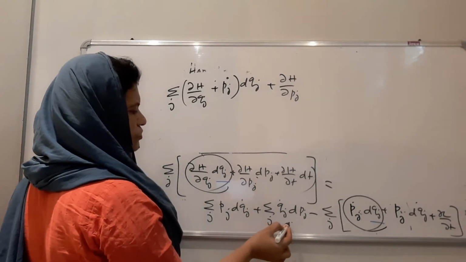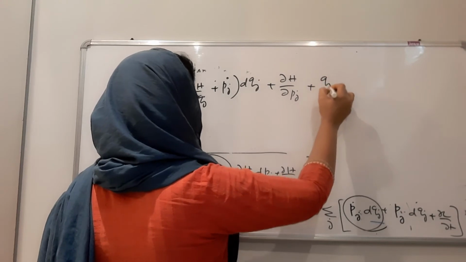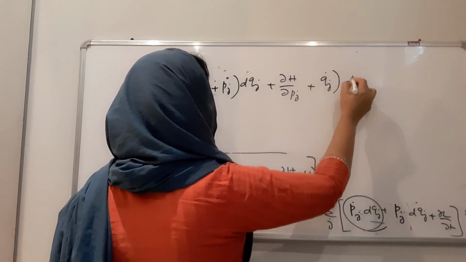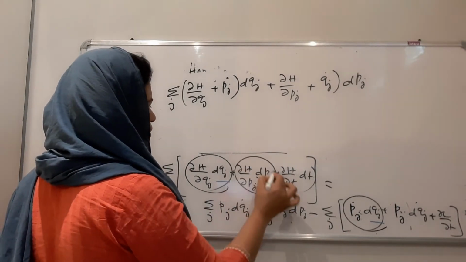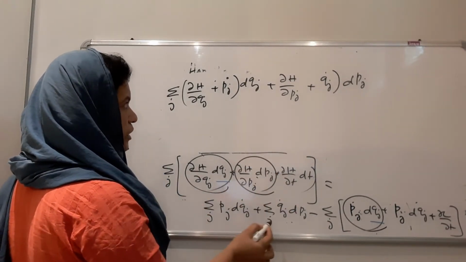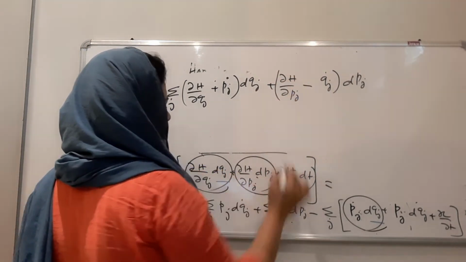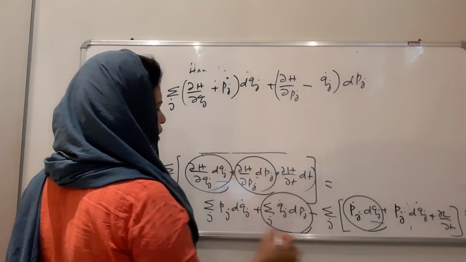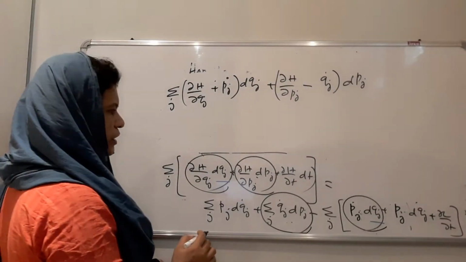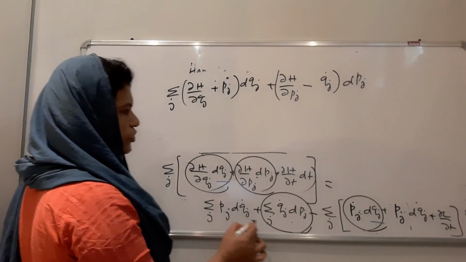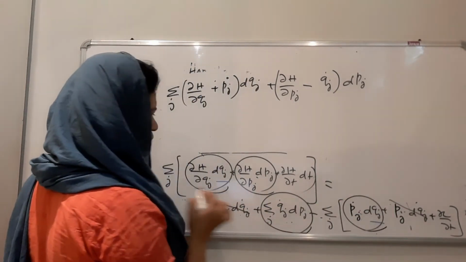This is negative, therefore this can be taken as positive, plus qj dot into dpj. ∂H/∂pj into dpj minus, this is negative, minus sigma j qj dot dpj. Now the remaining are pj dqj dot on the left hand side and minus pj dqj dot, they are getting cancelled.